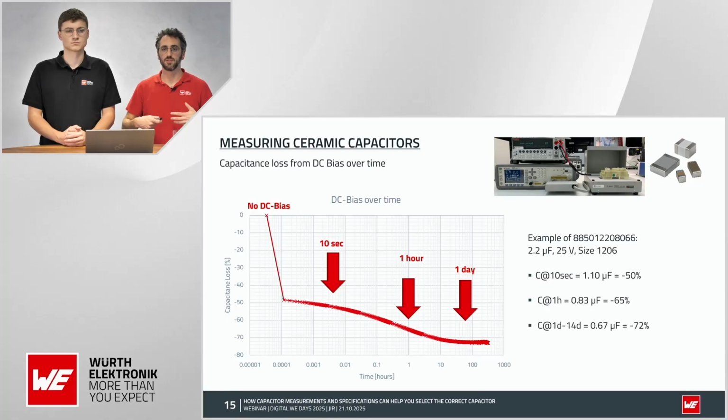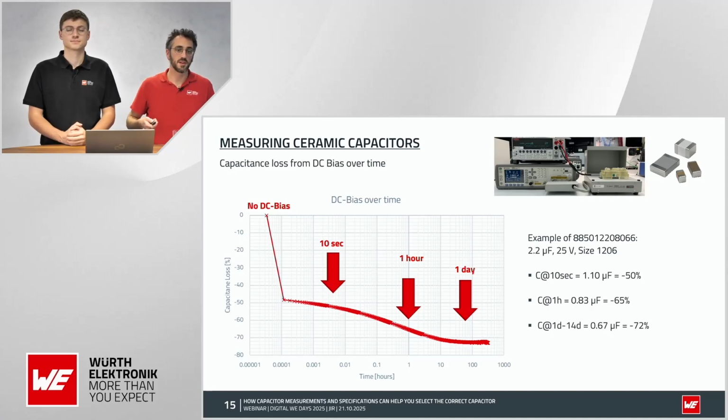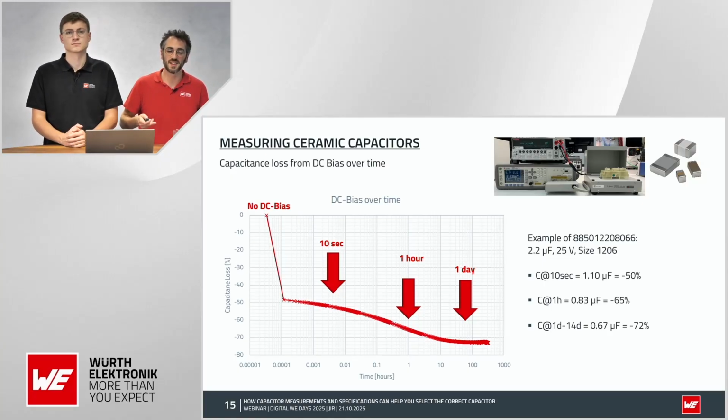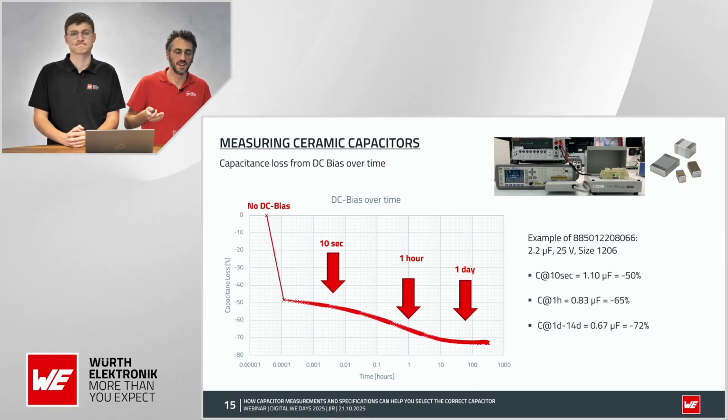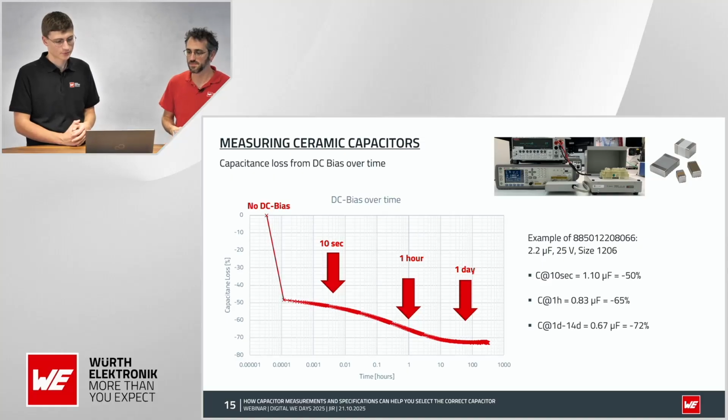What I want you to understand is that it's a general uncertainty that you have to consider. This is an extreme case because it's a high capacitance type, but I cannot give you an exact answer to your question. Even if I give you a measurement, it will probably not be the same as what happens in your application. You have to account for this uncertainty. Okay, cool, thank you.